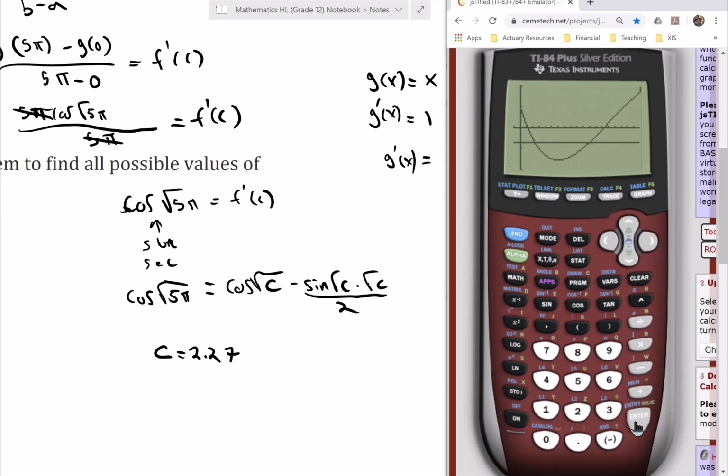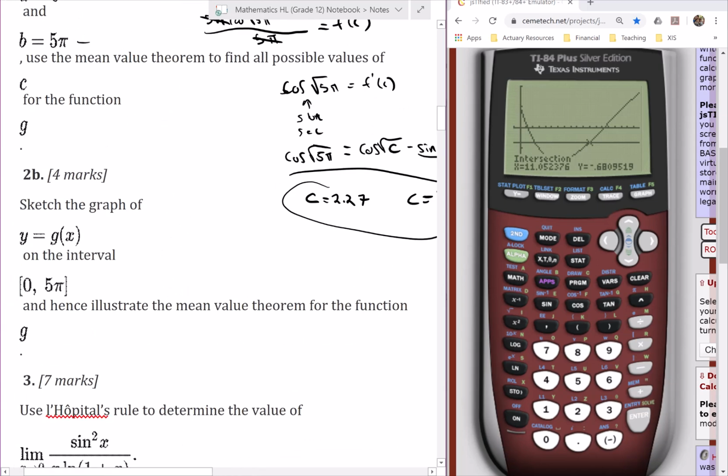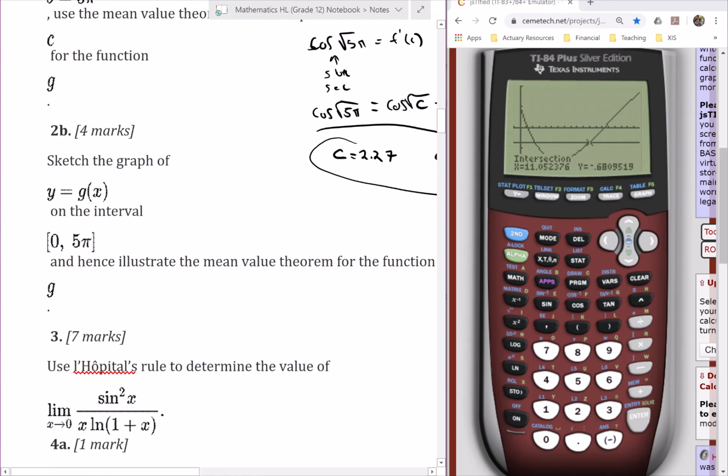Press enter. And the other c value we're going to get is 11.1 to 3 significant figures. Right, so there's actually 2 values here where the tangent line has the same slope as the secant line. And we'll see graphically what this looks like on part 2b.